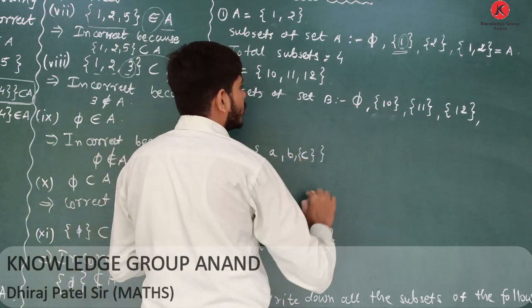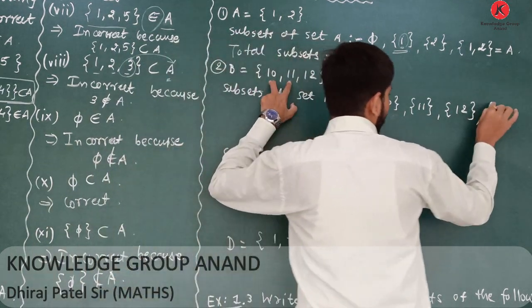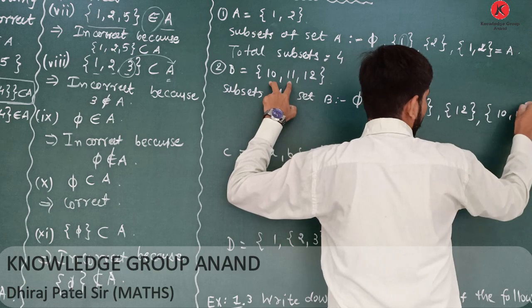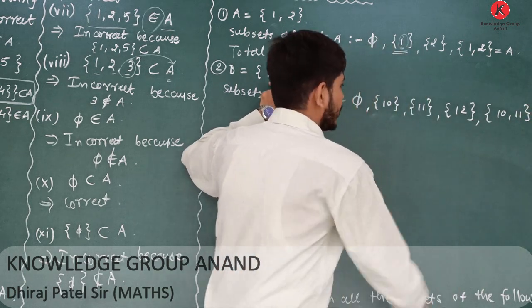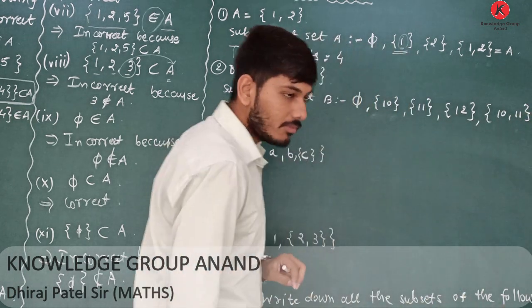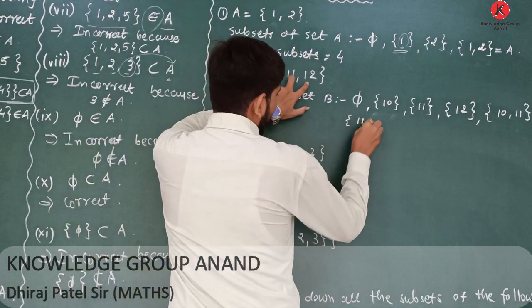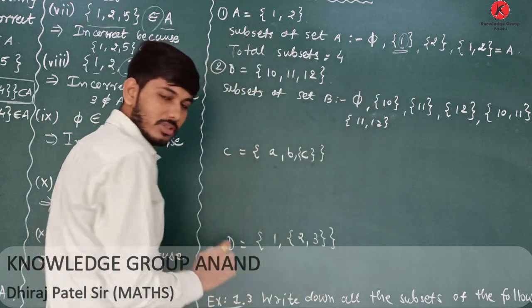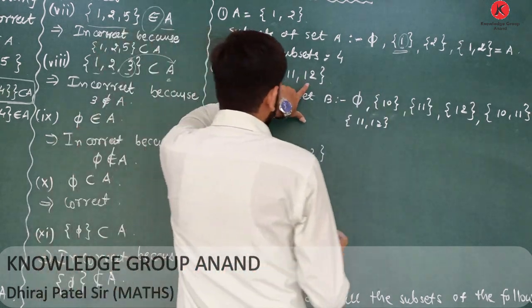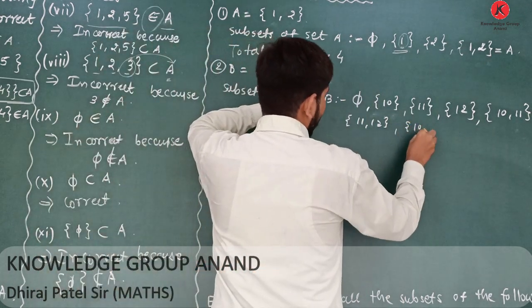Consider 2 elements. First we can take the 2 elements 10 and 11 and put them in curly brackets. Therefore this is a subset of this set. Now you can also put the second and third elements, 11, 12. You can also put the first and third elements.